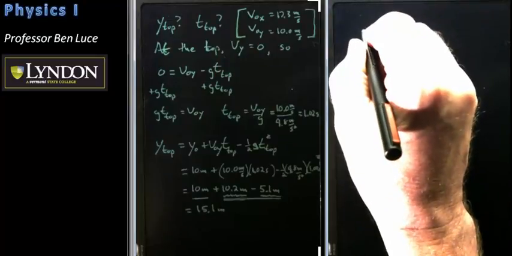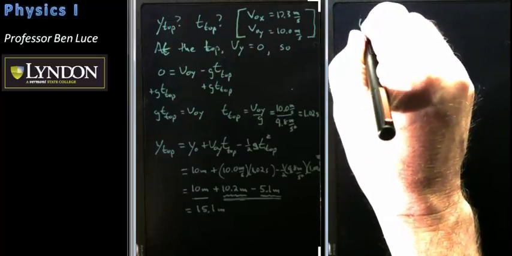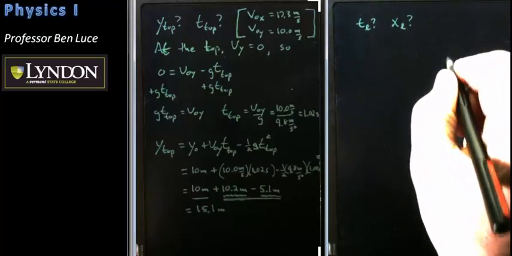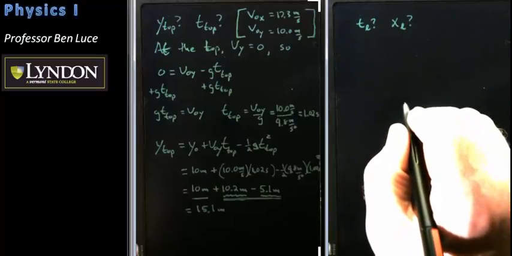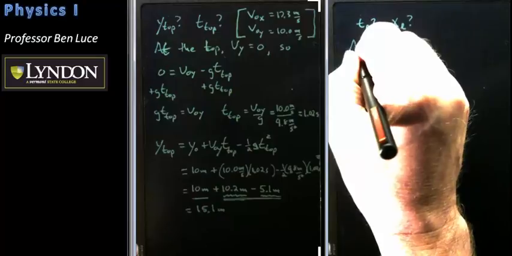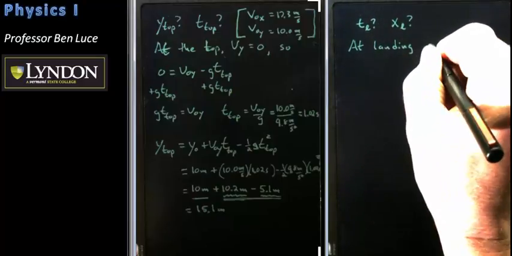All right, now let's compute the total time of flight and also the range. And then we'll compute VL and theta L. All right, well, at landing, y equals 0.